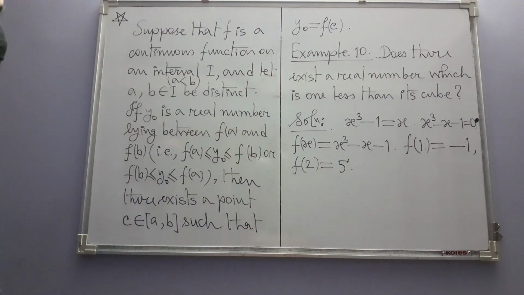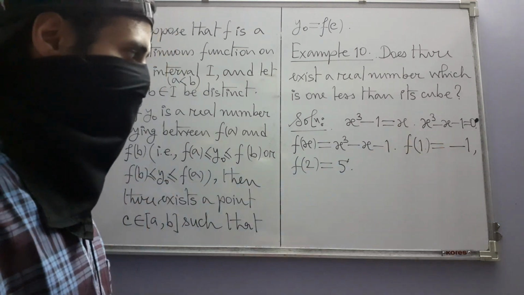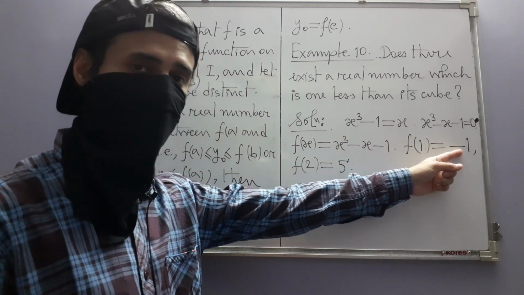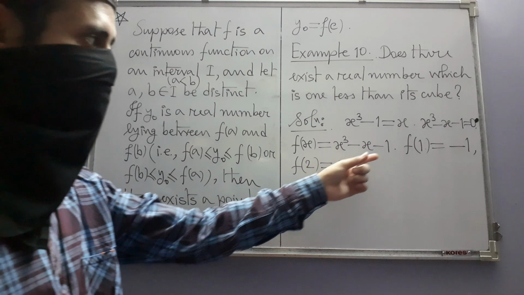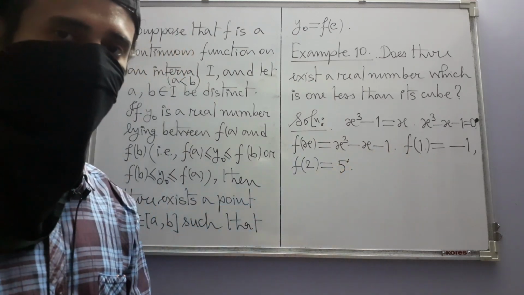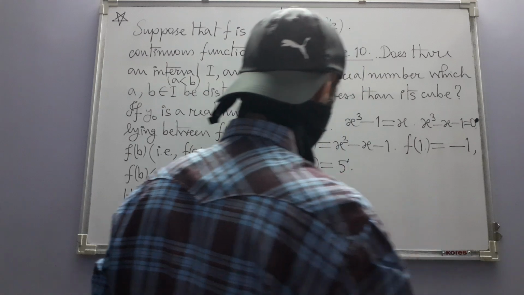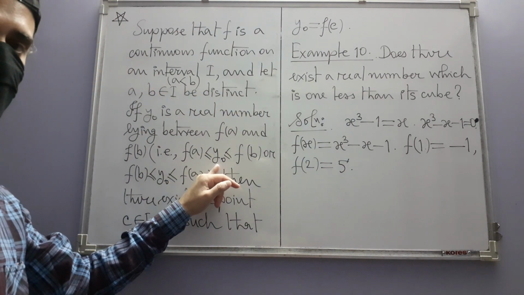So we don't really know how the graph of this is going to look, but we at least know that f of 1 is negative and f of 2 is positive, and between f of 1 and f of 2 we have 0. So that 0 now plays the role of y naught here.